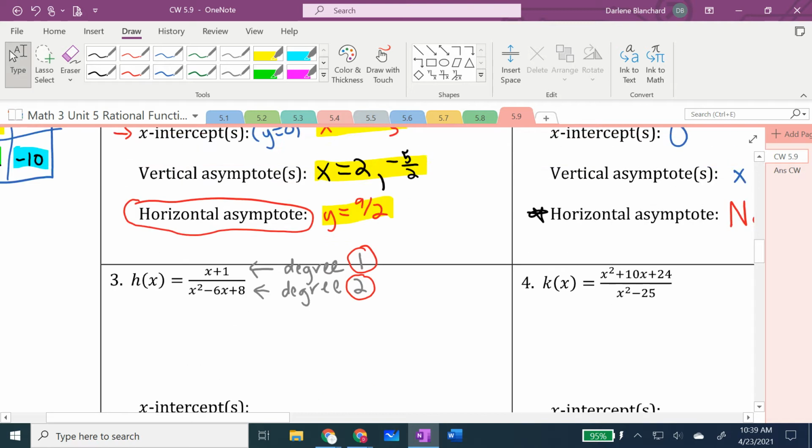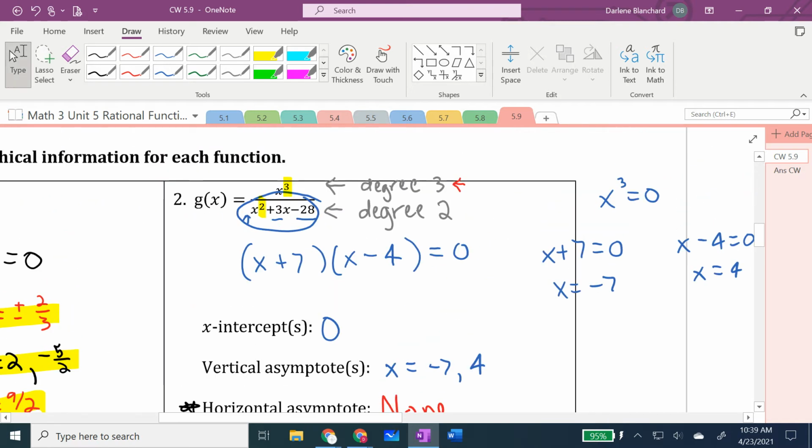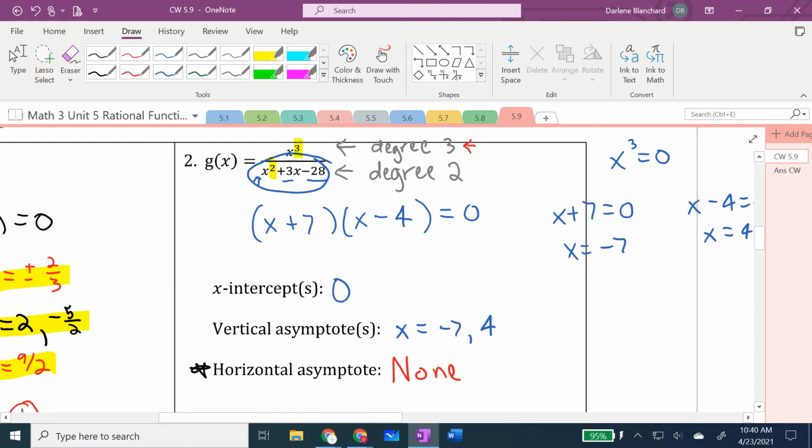When the degree is larger in the numerator than the denominator, then the numerator is getting so large compared to the denominator that the fraction is actually heading to infinity, and you do not have a horizontal asymptote.